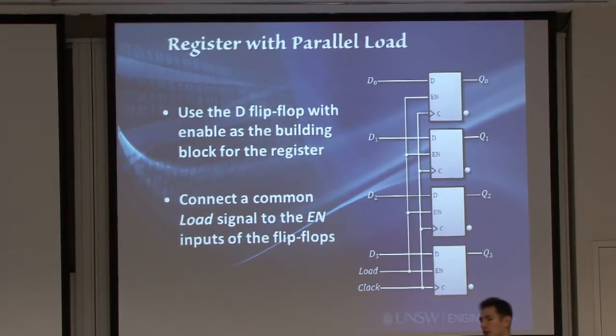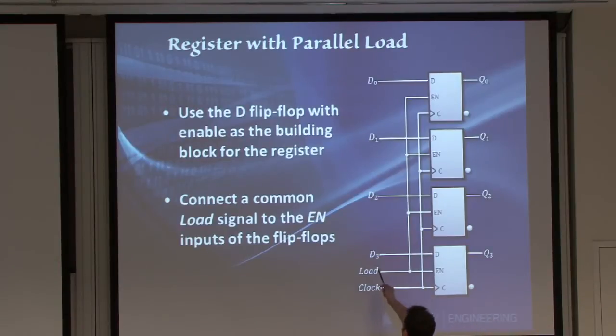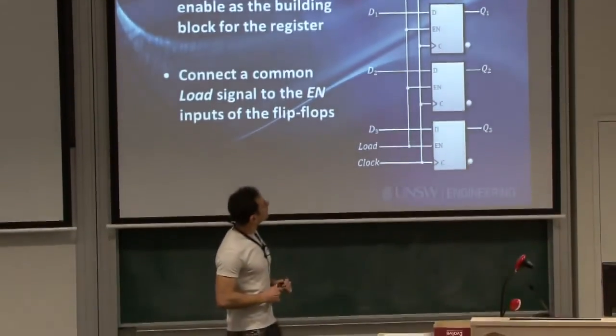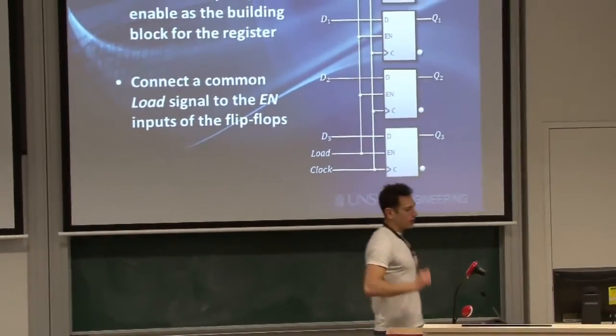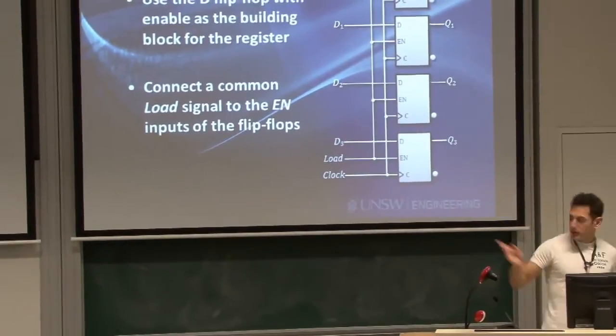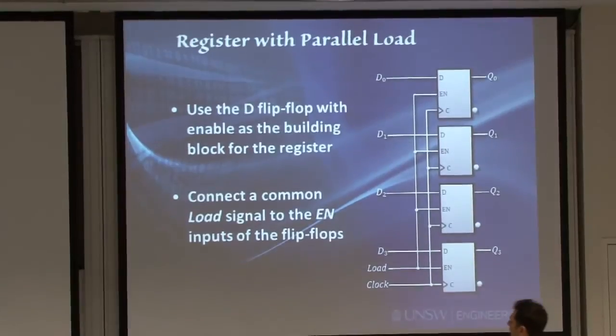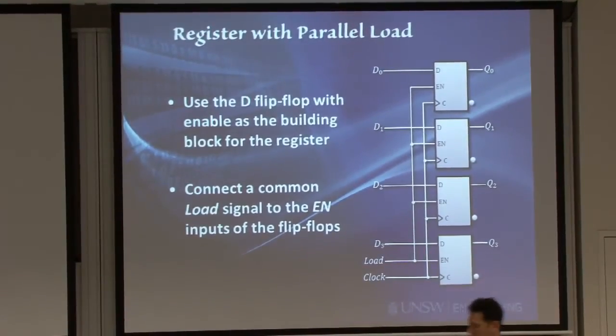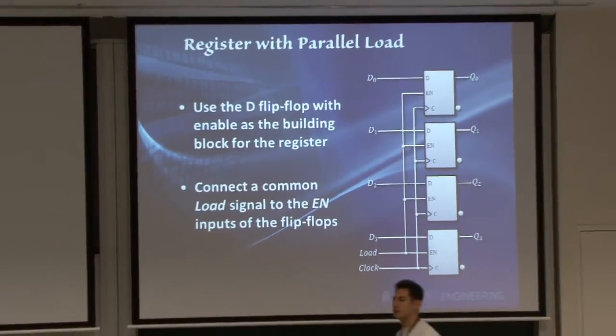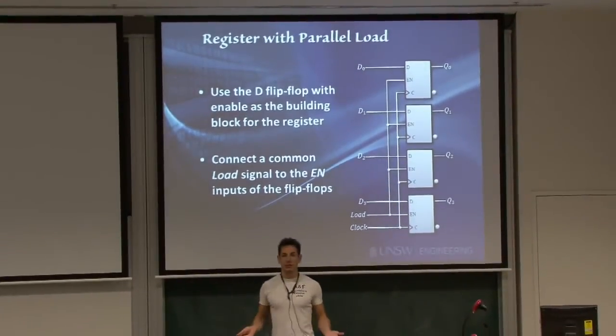I took out the clear signal that I had before. Instead, I now have a load or an enable signal to the whole register. Essentially, what I end up with is a register with, in this case, 4 bits, but I can extend to any number of bits, that has a clock, and I can choose when to load values into it, and I can read from it at any time that I want.